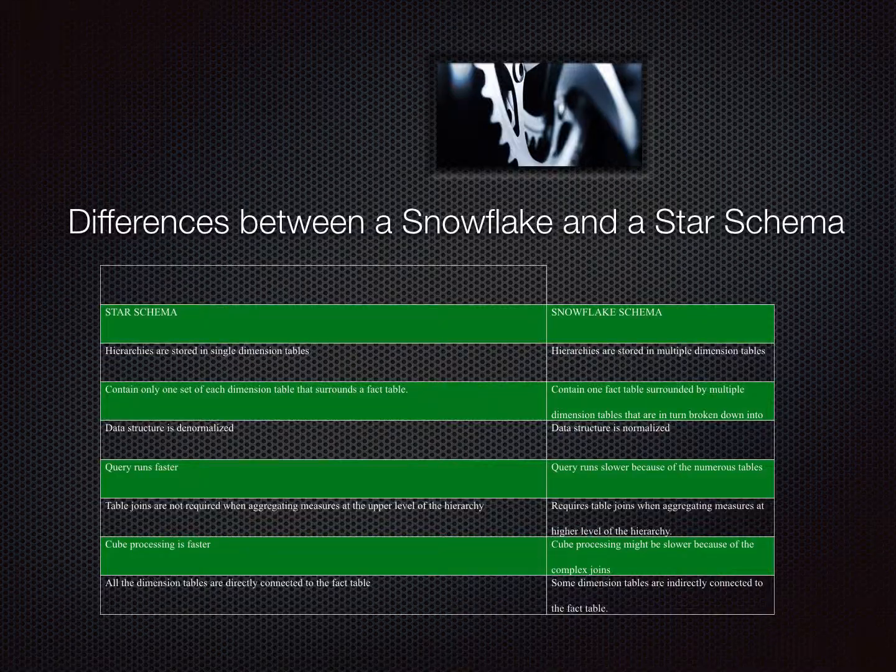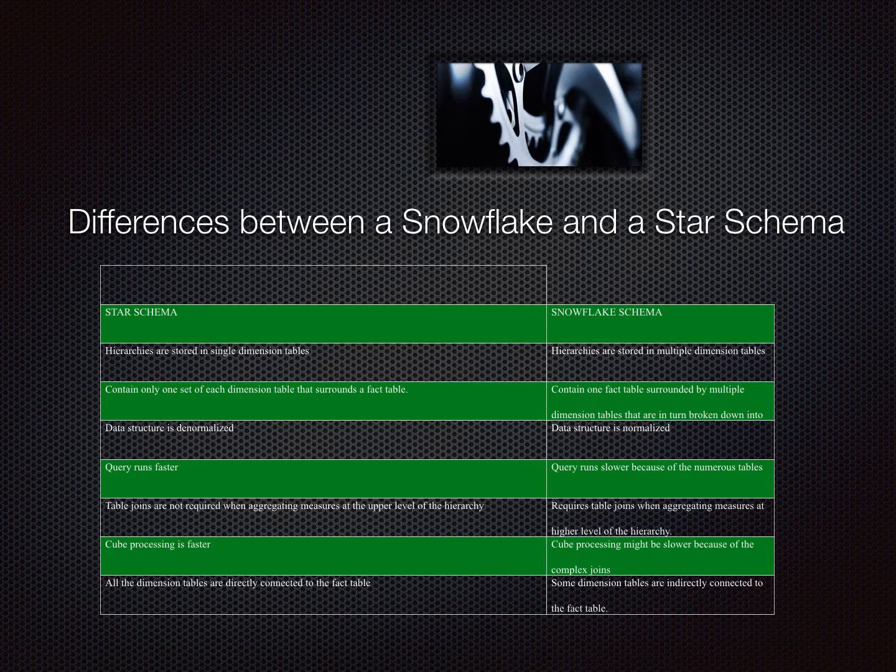We'll go further to look at the differences between a snowflake and a star schema. In a star schema, hierarchies are stored in single dimension tables, whereas in snowflakes hierarchies are stored in multiple dimension tables.